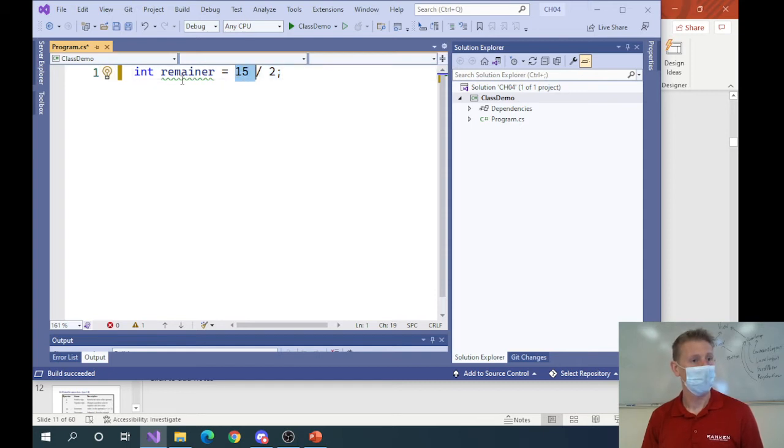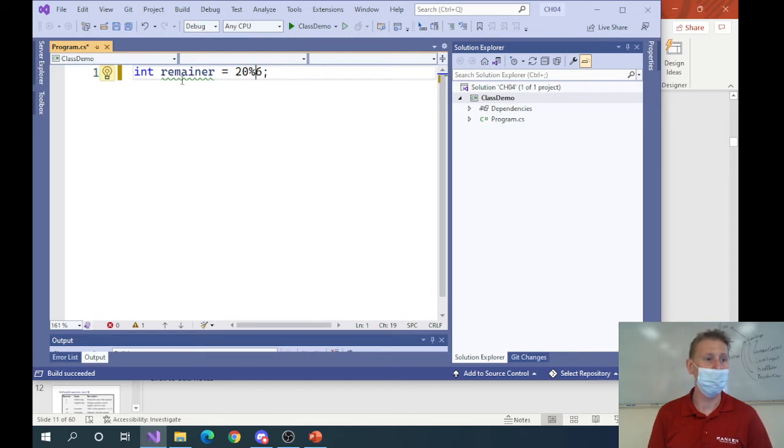If we do 19 divided by 6, that's 3 remainder of 1. If you do 20 divided by 6, that's 3 remainder of 2. Remember, we all learned remainders before we learned decimal points. So what is modulus? Modulus is just the remainder.